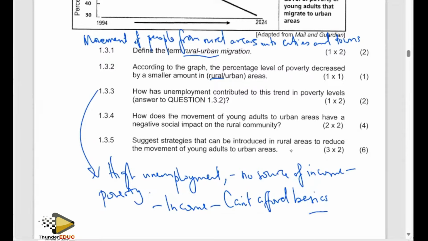It wants social impacts. When a question is asking about social impacts, it's asking about how society is affected, the way of life of people, how is it affected negatively when the young adults are moving to urban areas? People remaining in the rural areas, how are they impacted?